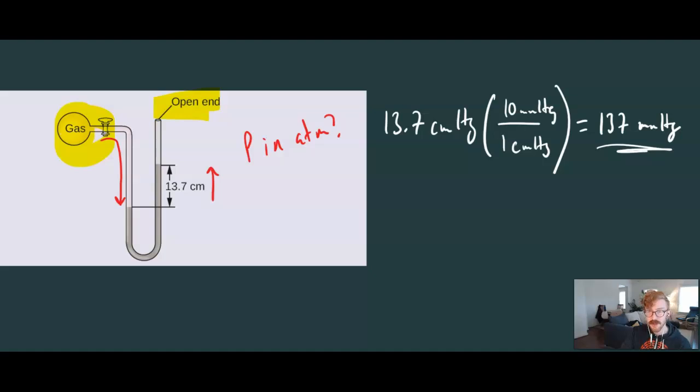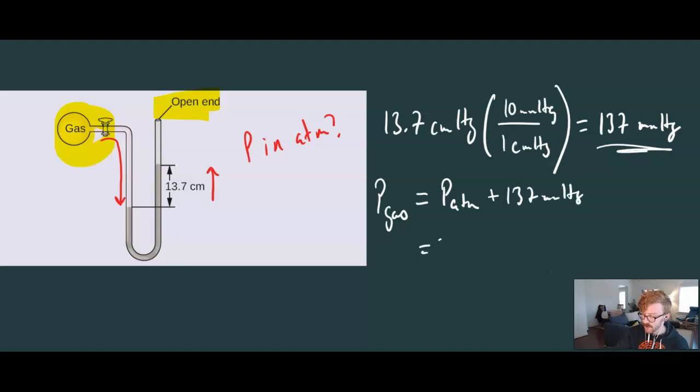But remember, this is open to the atmosphere. So this pressure, 137, is what was on top of atmospheric pressure. So really, the pressure of the gas is going to be equal to the pressure of the atmosphere plus whatever we just calculated, that vertical displacement, 137 millimeters of mercury.